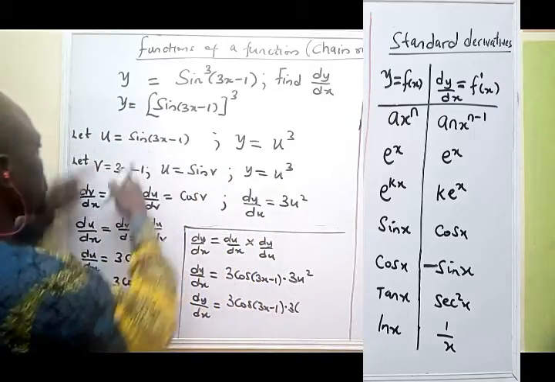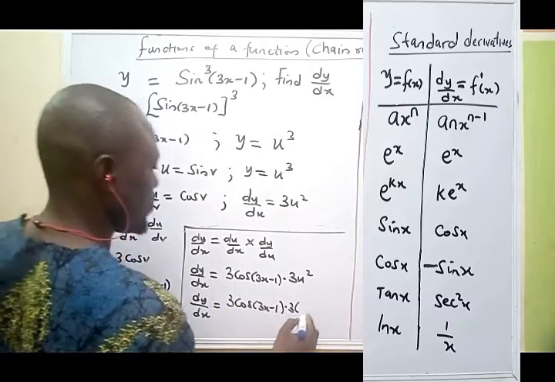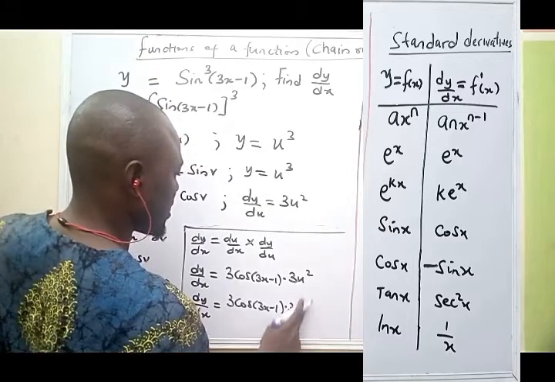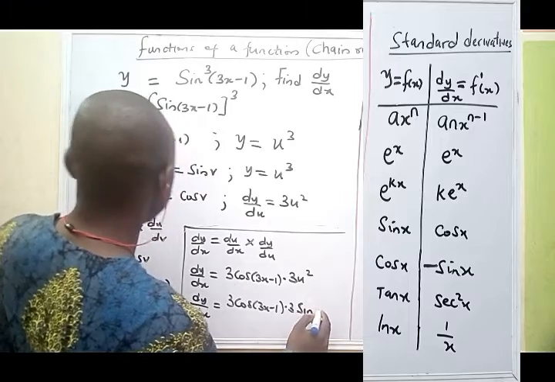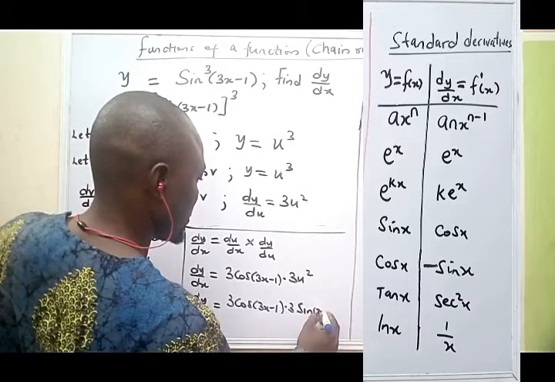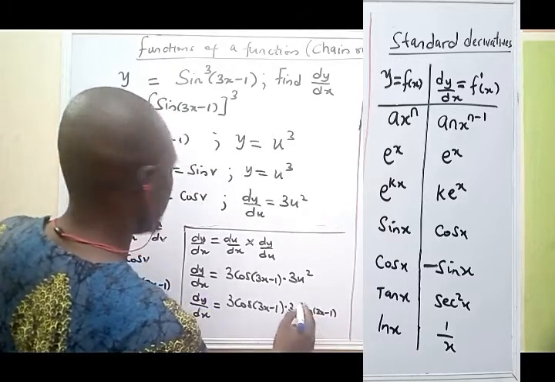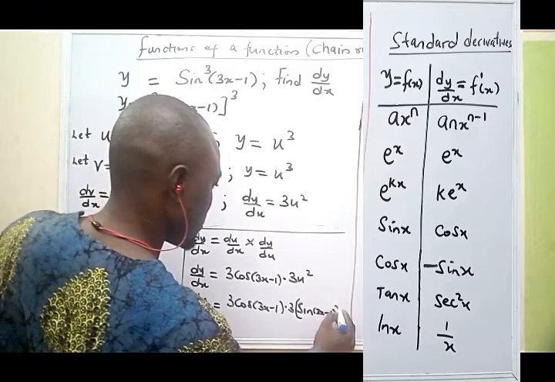What is u? Originally, u is sine, so let me do that. u is sine (3x minus 1) all squared.